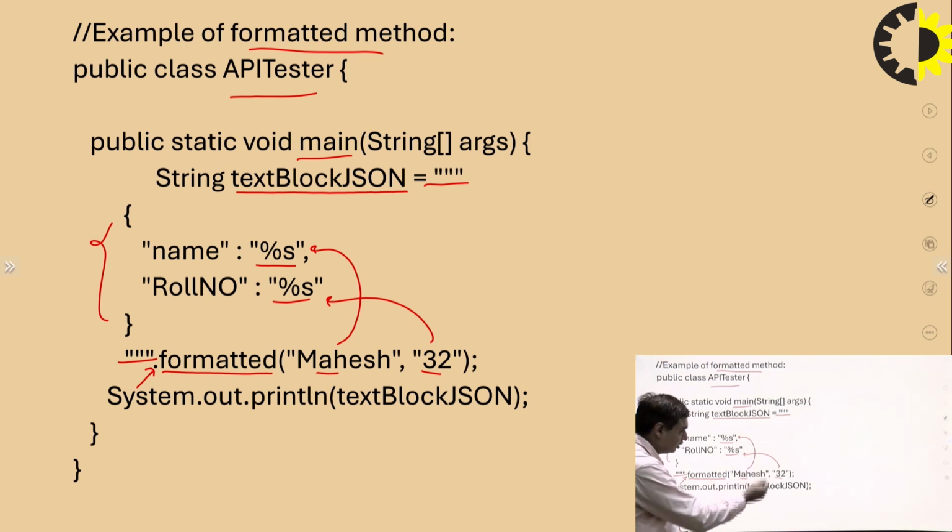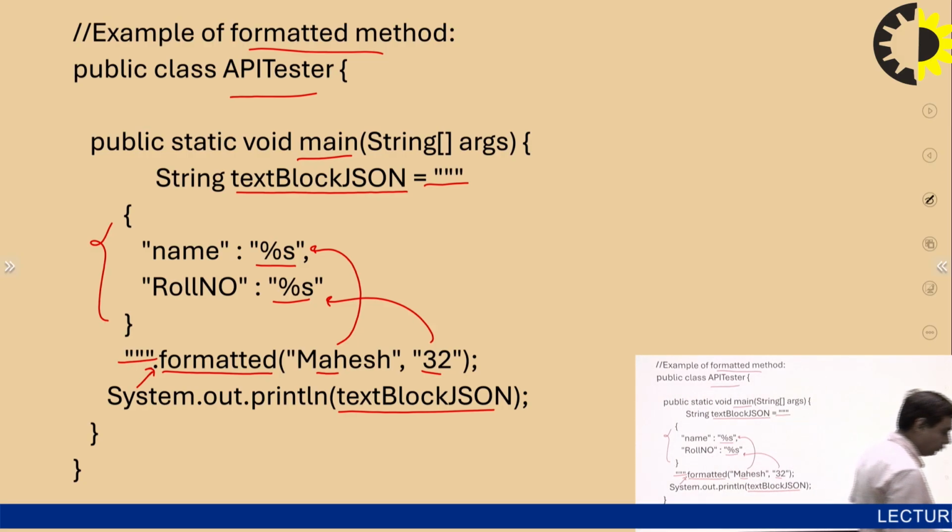We are passing the argument and it will replace the %s. Wherever you are using %s, data will be replaced. Next, you can display the text block string and it will display name equal to Mahesh and roll number equal to 32. So this is a very simple approach to write multi-line strings.